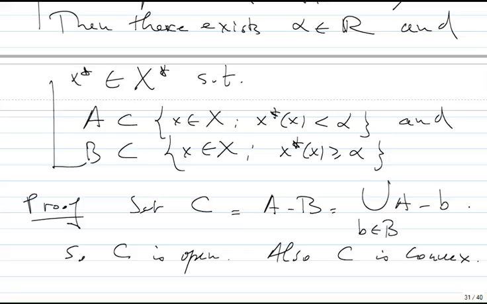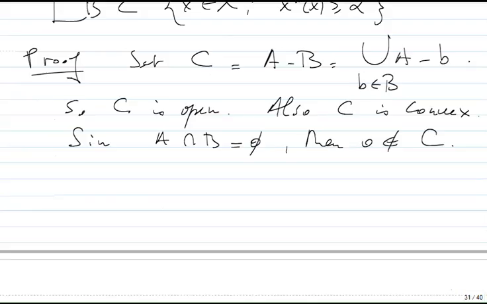Okay? Since A intersect B is empty, then 0 does not belong to C. Okay?